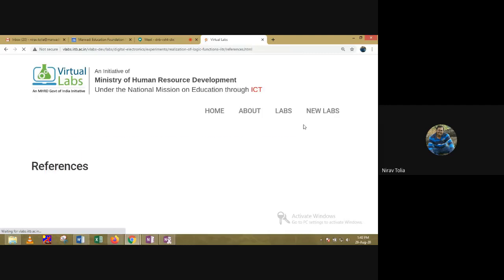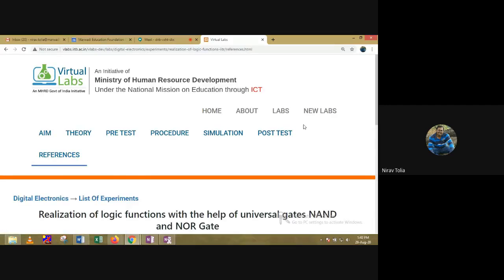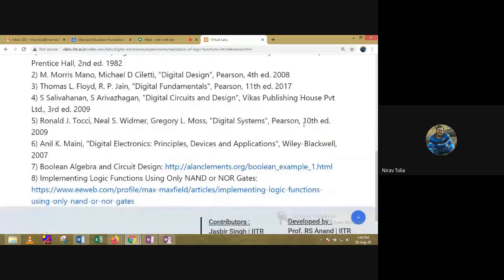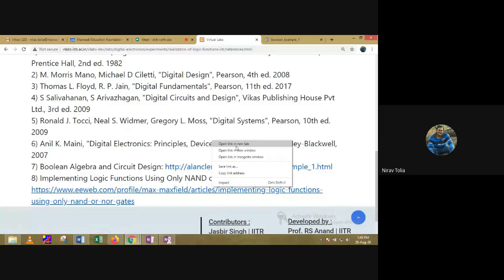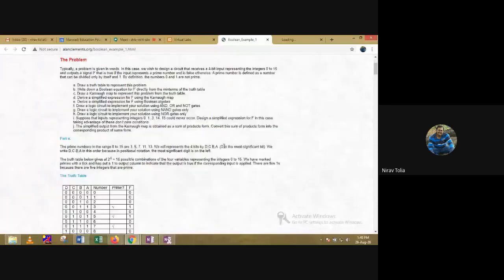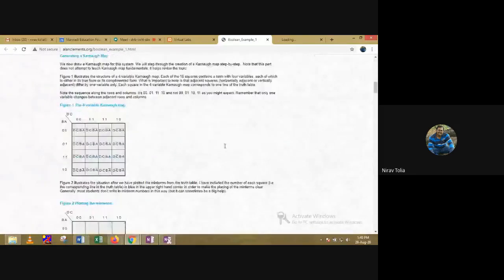And last we have the references. In references we have books and also a link, if you want to learn more about the universal gates, which are NAND and NOR. Then you can click on the link. Then it shows you the theory about that.